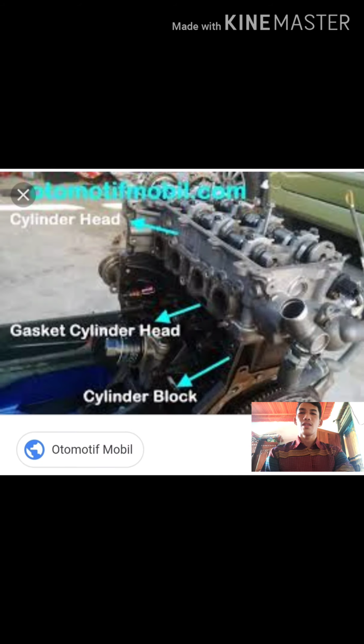Cylinder head is located at the top of the cylinder block. The cylinder head must withstand high temperatures and pressures while the engine is running. Therefore, generally the cylinder head is made of cast iron.